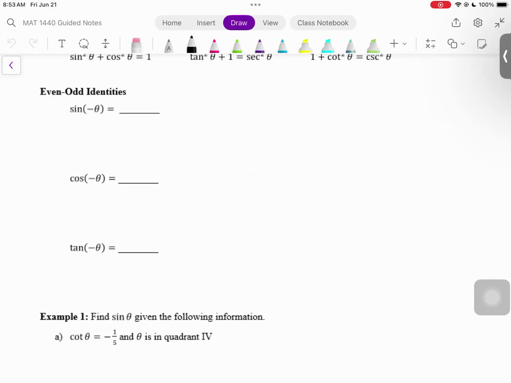So when we talk about even and odd, that characteristic of a function has to do with its symmetry. So we want to recall that an even function is one that's symmetric about the y-axis.